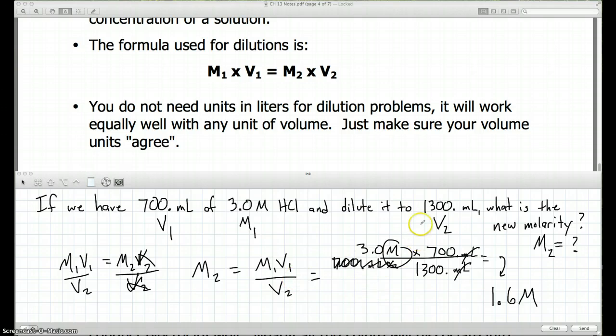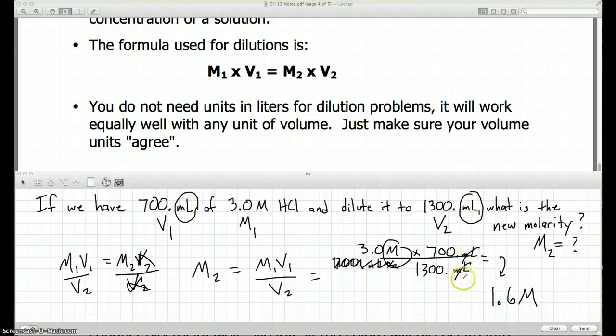One thing I want to point out is that for molarity, M equals moles over liters, we always wanted liters. Here, we had milliliters, which is okay because they just cancel out. You might get a question sometimes, possibly on the practice quiz, where one of these is milliliters and the other is liters.